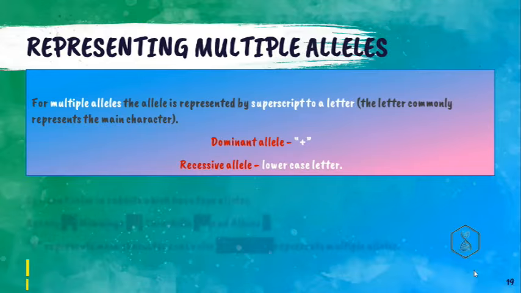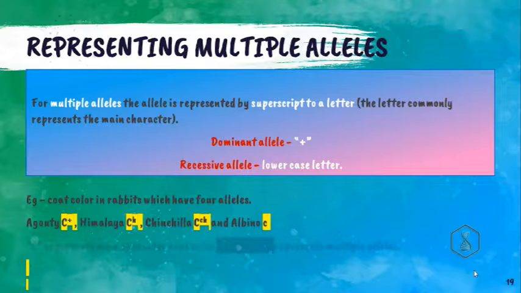Next is the representation of multiple alleles. For multiple alleles, the allele is represented by superscript to a letter, that is, the letter commonly represents the main character. Here, the dominant allele is represented by plus symbol and recessive by lowercase letter.